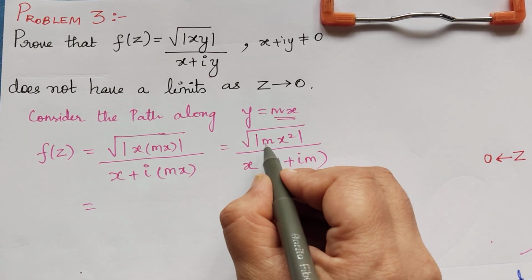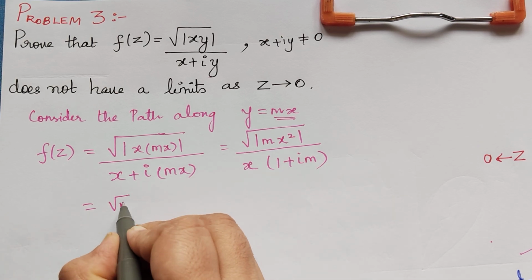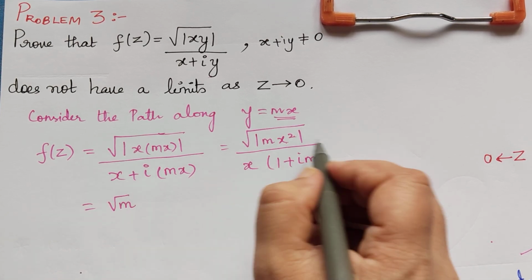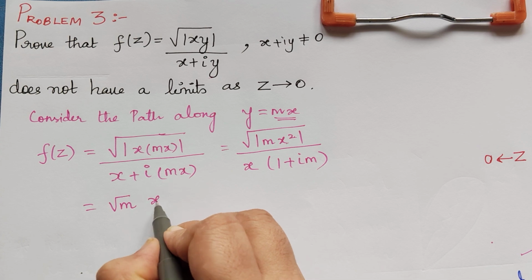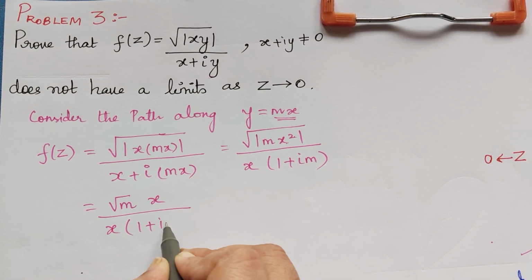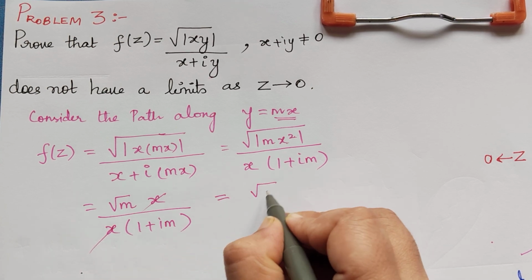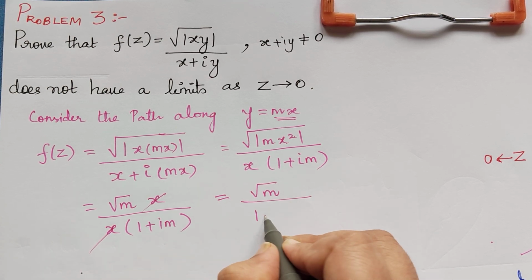So what is square root of x square? It is x, and square root of m we will have. Since it is modulus, it won't be plus or minus, it is just x divided by x multiplied with 1 plus im. So x and x gets cancelled and it's equal to square root of m divided by 1 plus im.